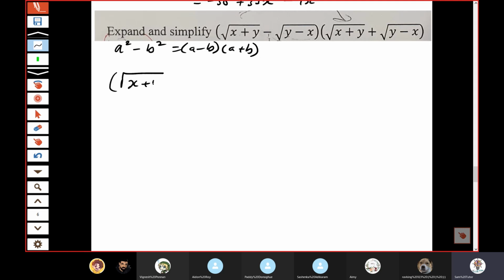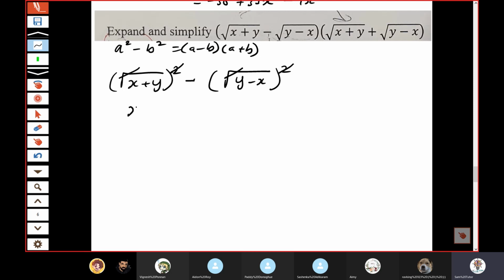Square root of x plus y, squared, minus square root of y take away x, squared. So a squared minus b squared. Easy? When you realize the difference of 2 squares, a squared minus b squared, then you cross out.